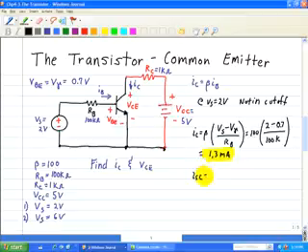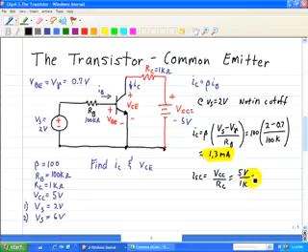So the short circuit current is essentially VCC divided by RC, which is equal to 5 volts divided by 1K, or 5 milliamps. So we note that IC is less than ISC, and therefore we can say that it is in active mode.